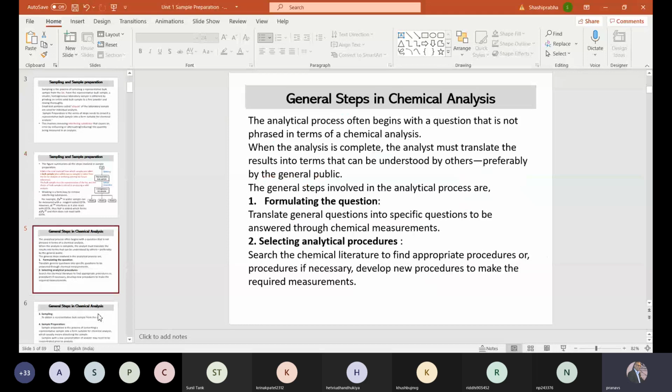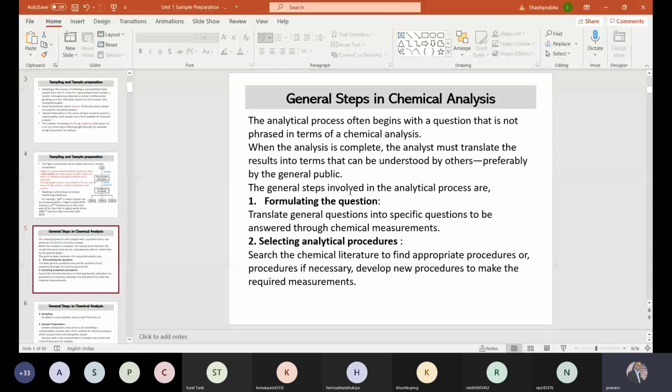Okay, moving ahead. Now, the following slides will give us an idea about a few general steps. We cannot have specific steps here because it all depends upon a particular sample. So we have a few general steps in chemical analysis which will help us in devising a strategy to analyze any sample in any form.